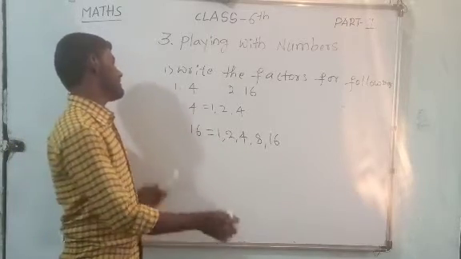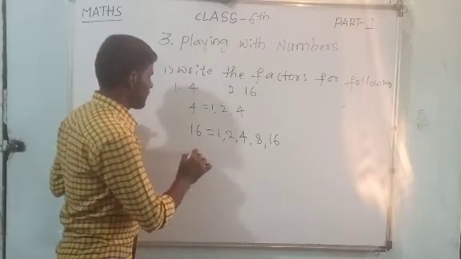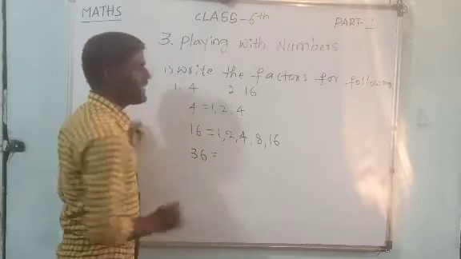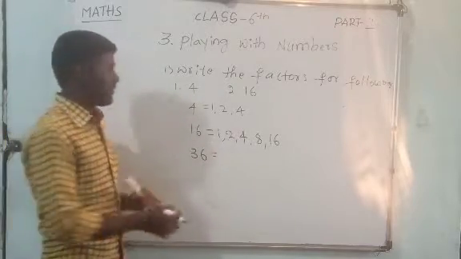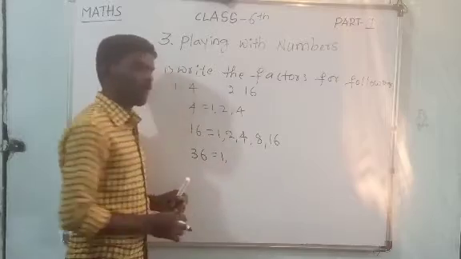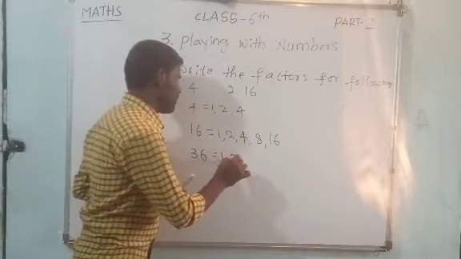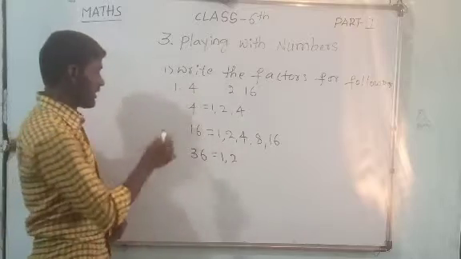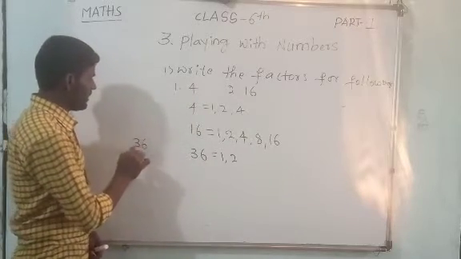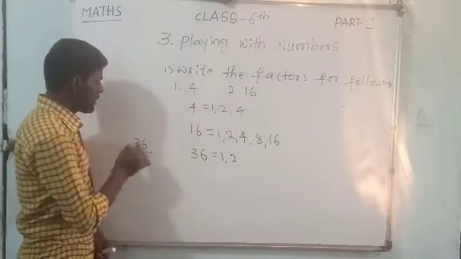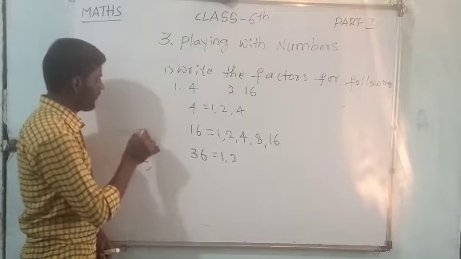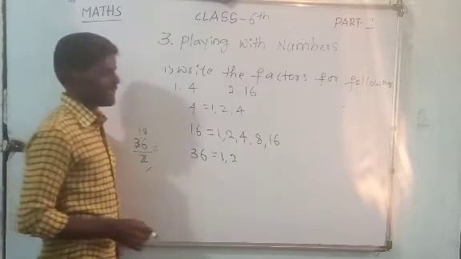Let us see here, 36. Example: factors of 36. 1 is a common factor for all numbers, so 1 is also a factor of 36. Then 2 is a factor because it can divide 36: 2 eighteens are 36.